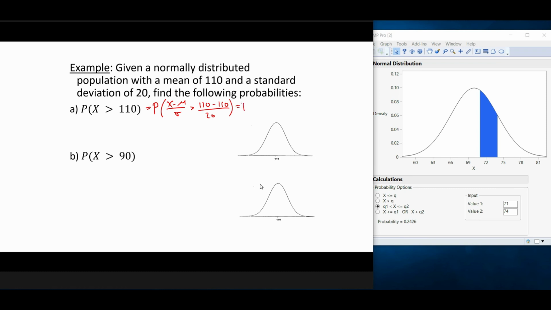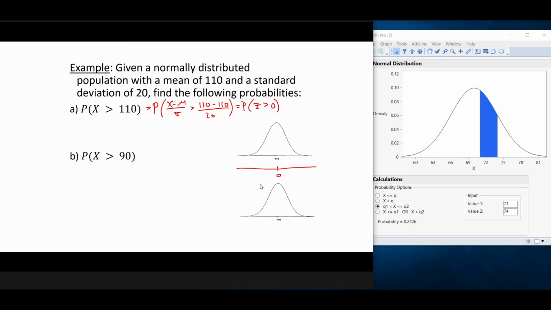That's going to be the probability that my standard normal random variable is greater than 0, right? And we'll remember that in standard units, 0 corresponds to the mean of that distribution.